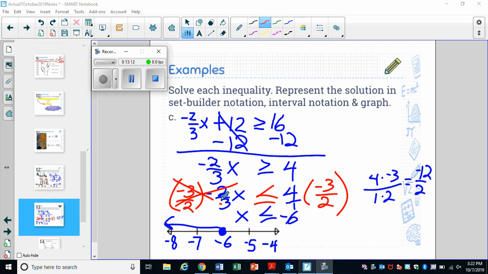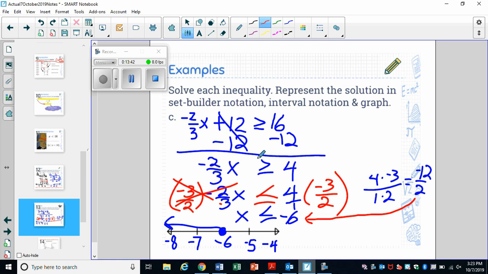So what happened was the two fractions cancel each other out, but we still have to multiply -3/2 times +4, which we did the long way. If you have to write it out anytime you're in doubt, that's fine. 4 times -3 is -12. 1 times 2 is 2. And then we need to simplify -12 divided by 2, which results in -6.